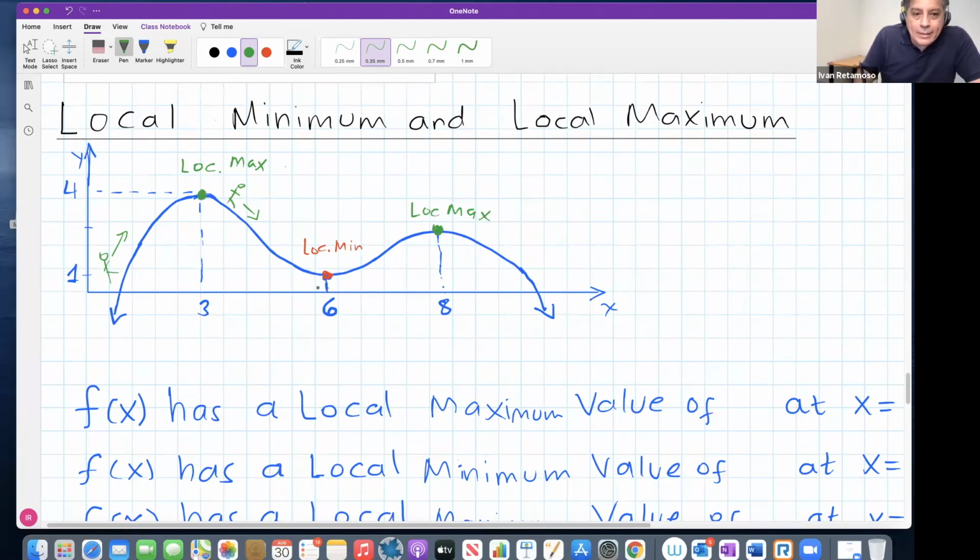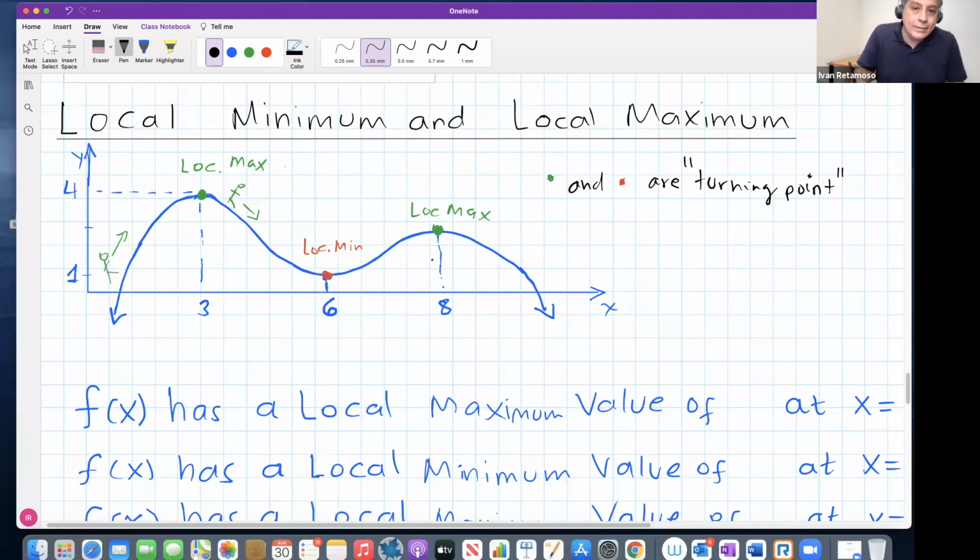These three points, the green ones and this red point, are called turning points, because they separate the trend from increasing to decreasing or decreasing to increasing.